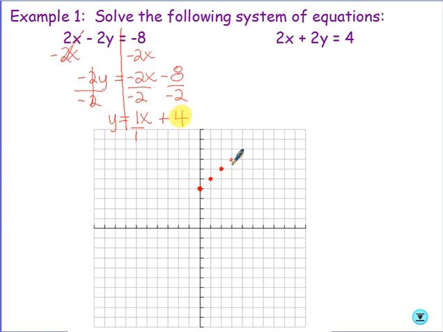You want to keep repeating this with as many points as you can fit this direction. When you run out of space, you want to go the other direction. I'm going to go back here. Instead of going up and right, I'm going to go down and left. Because notice, they stay in a straight line. The more dots you make, the more accurate your line is going to be.